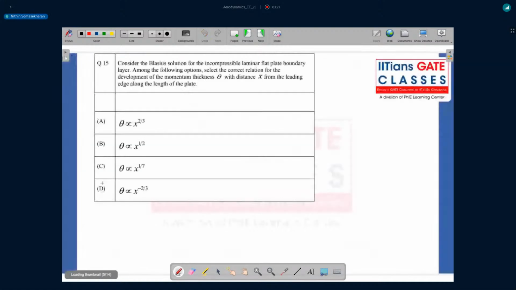Next problem. Consider the Blasius solution for incompressible laminar flat plate boundary layer. Among the following options, select the correct relationship for the development of momentum thickness with the distance x from the leading edge. So we know that according to boundary layer theory, the Blasius solution for momentum thickness is basically something like delta by x equals some constant divided by root of Reynolds number with respect to the location along the flat plate.